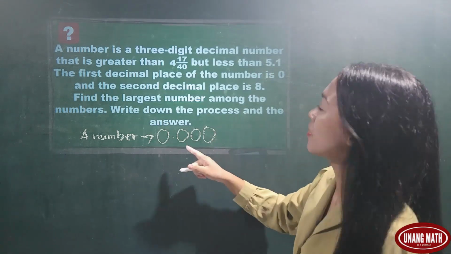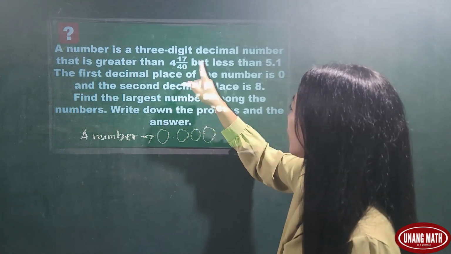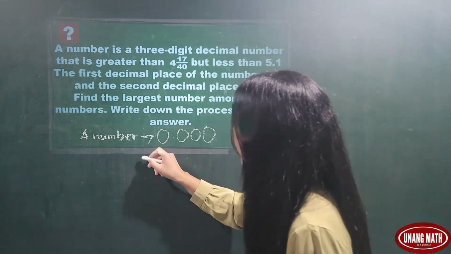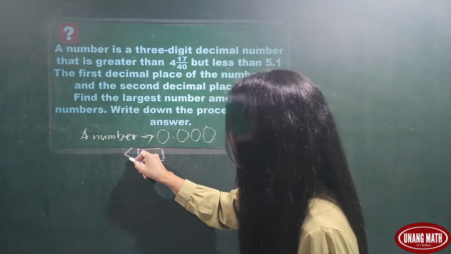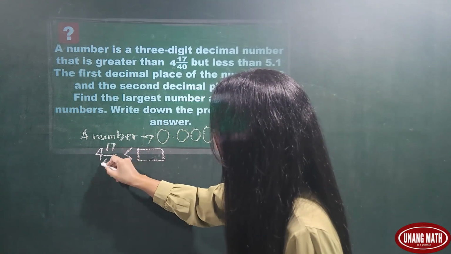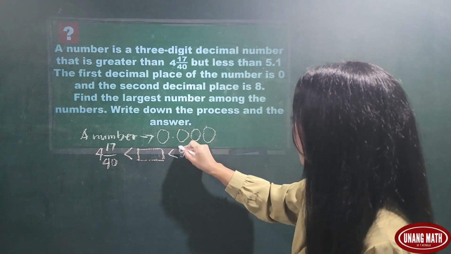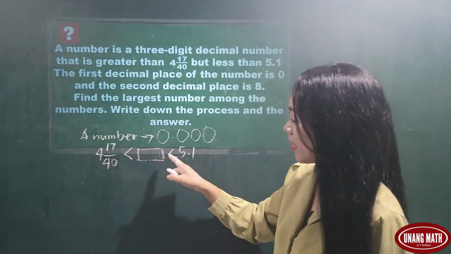At ang 3-digit decimal number na ito is greater than 4 and 17 over 40 but less than 5.1. So ito, or ang 3-digit decimal number na ito is greater than the fraction 4 and 17 over 40 but less than 5.1.